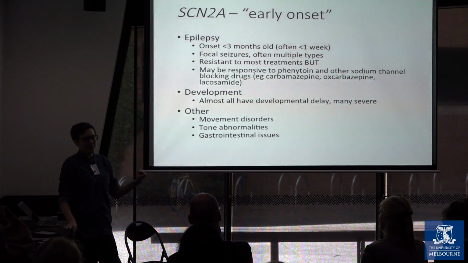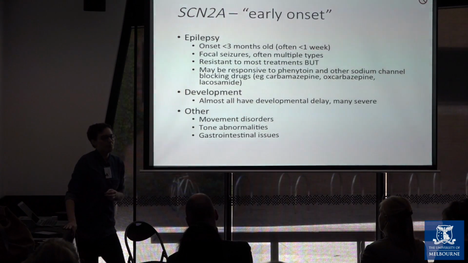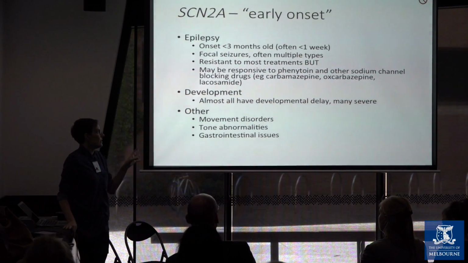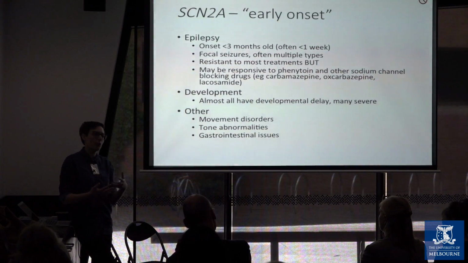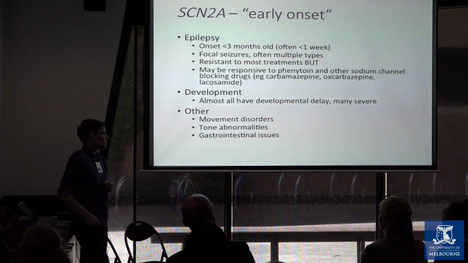So it's only really now we're starting to diagnose more of the children who have a less severe condition, and so there may be a relatively milder end of the spectrum with children with mild to moderate developmental delays.